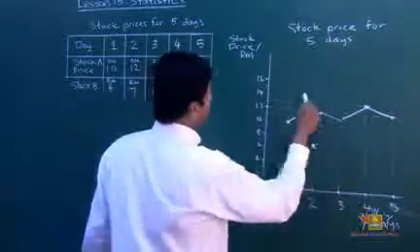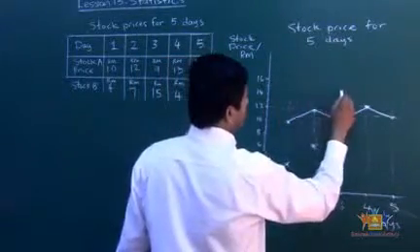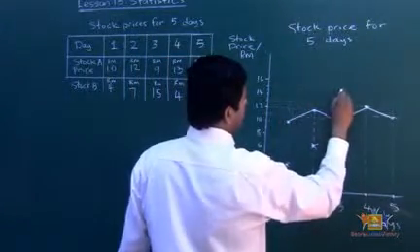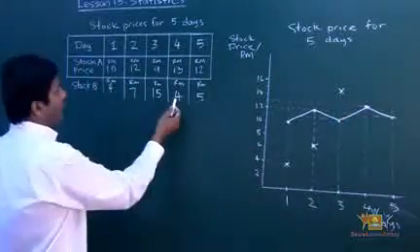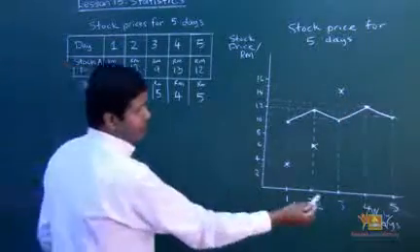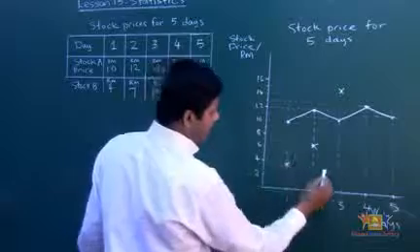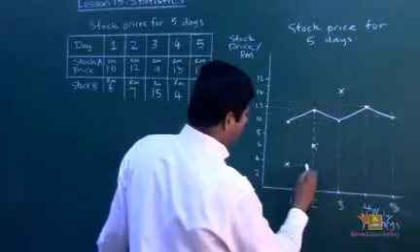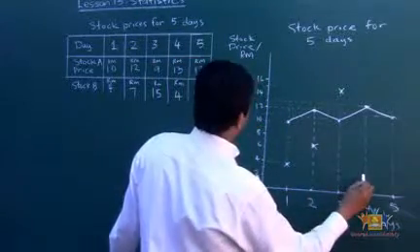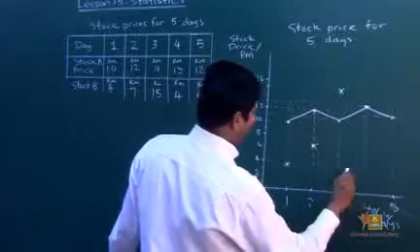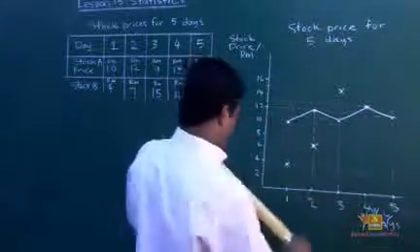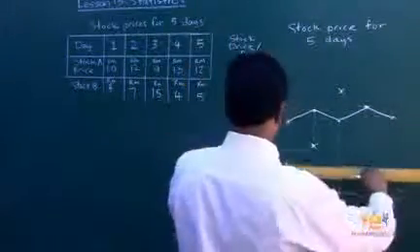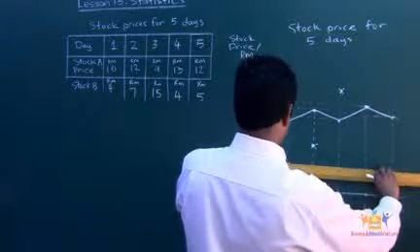So day 3 is 15 ringgits, and it's going to be right here. Then day 4 is 4 ringgit. It's right there. It dropped from 15 ringgit to 4 ringgit. Let's make sure: day 4 is 4 ringgit.